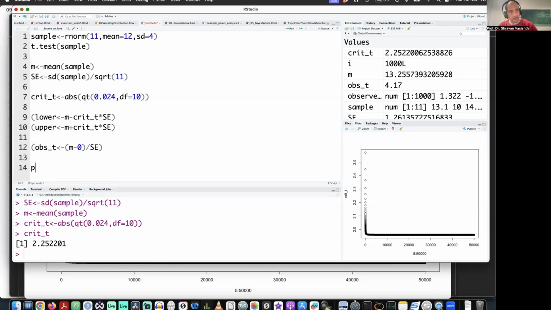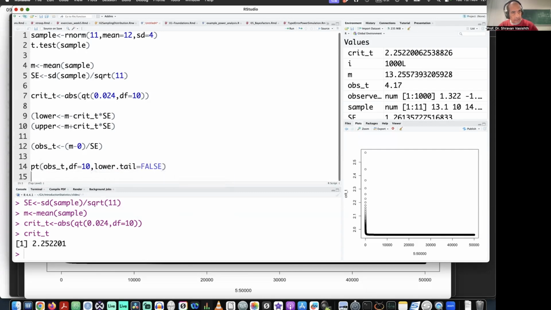And the p-value is going to be pt of the observed t-value, degrees of freedom 10, lower.tail equal to false, right? And multiplied by 2, because I'm looking at the two extreme ends of the distribution, the total probability of getting a value as extreme as I observed, or something more extreme in either direction. So all these numbers should match up perfectly with my t-test output.